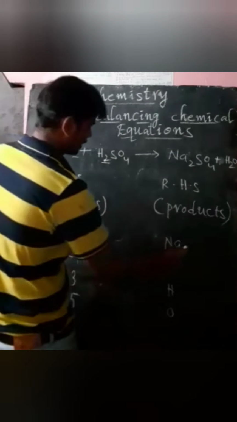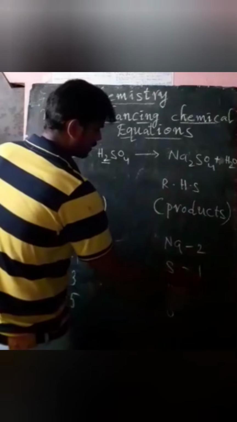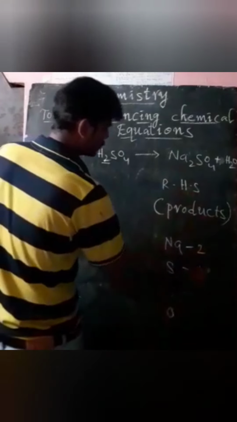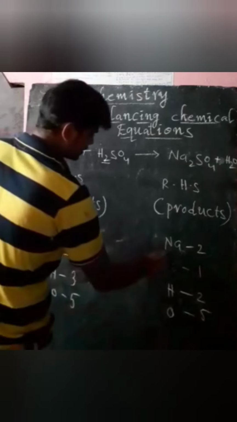Next, on the RHS side, the number of sodium atoms is 2, sulfur atoms 1, hydrogen atoms 2, oxygen atoms 5. See here, this is the number of atoms on the LHS side and RHS side.